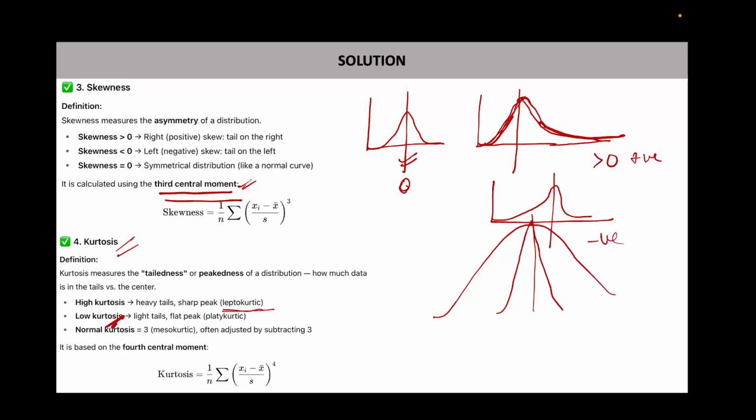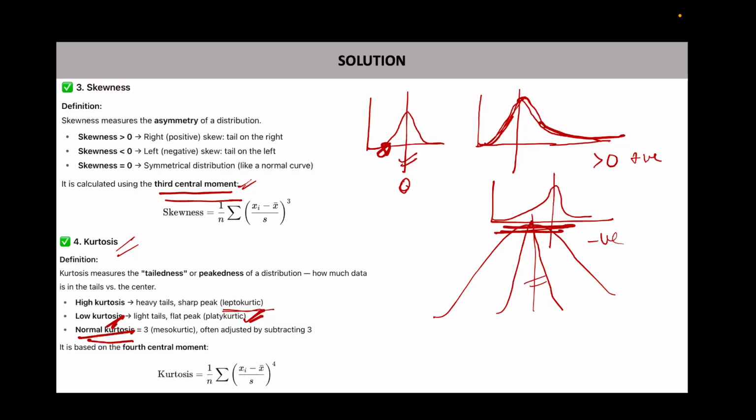Similarly, if you have a low kurtosis value, it will have light tails, but the peak will also be flat, so it will not have a sharp peak. This data is called platykurtic. And similarly, there is normal kurtosis, which is called mesokurtic, where the data is in a very balanced form, where you will have a peak and in a similar ratio you will have the tails as well.